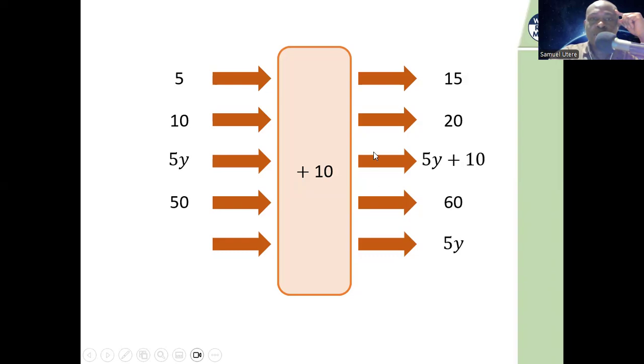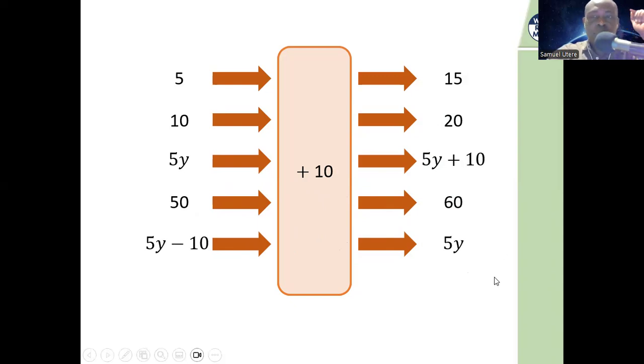So if we do the inverse operation to get what was put in, we now have 50, because the inverse of adding 10 is to subtract 10, which will be 60 minus 10, which will be 50. And then this, we can simply write it as an expression. Because we're subtracting 10, we're doing the inverse operation, it will now be 5y minus 10.